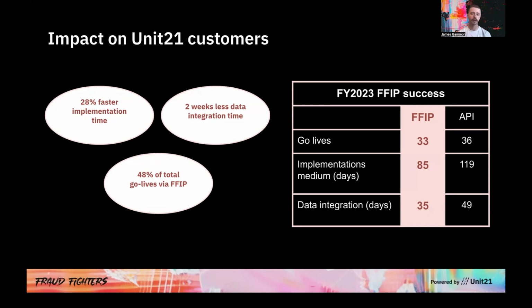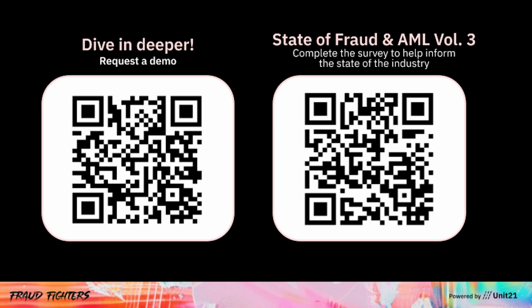So we've got some numbers here: 28% faster implementation time. The sooner you're up and running within the system, the better, right? So FFIP in general is a very effective ingestion pathway. And I think it's certainly something that, under the right circumstances, would be a very powerful approach for your team and other teams.